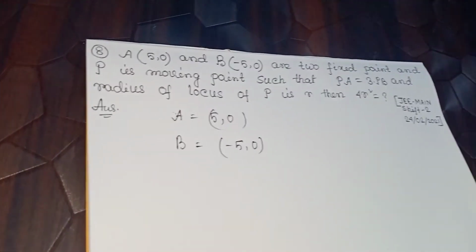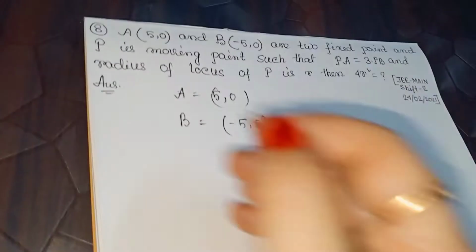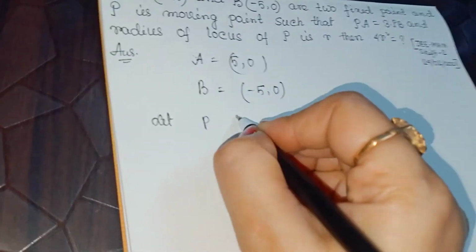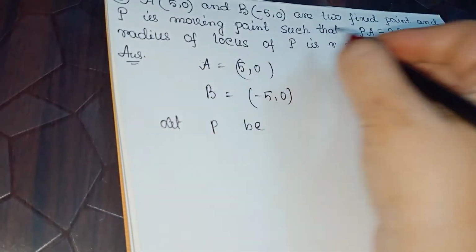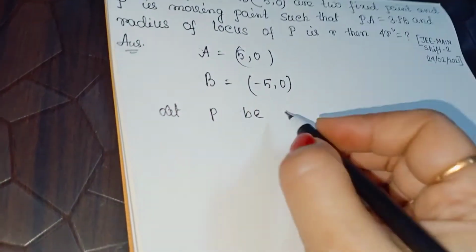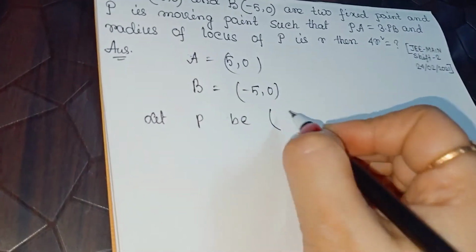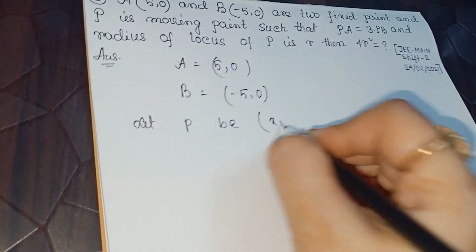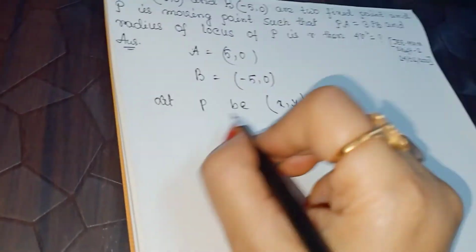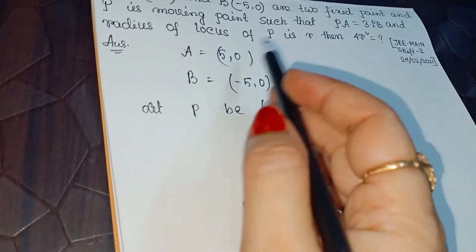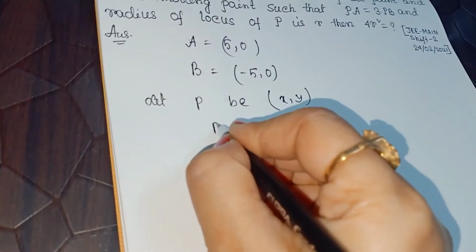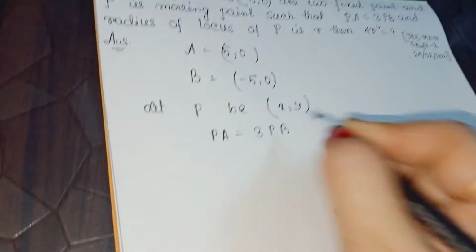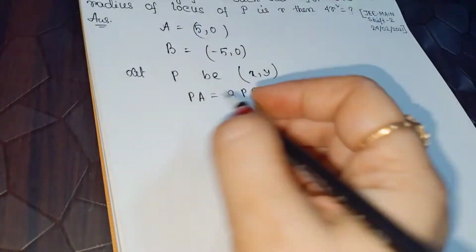These are the 2 points, and let P be the unknown, moving point, so P be (x, y), and the condition is given here, that is PA is equal to 3PB. So PA is equal to 3PB.